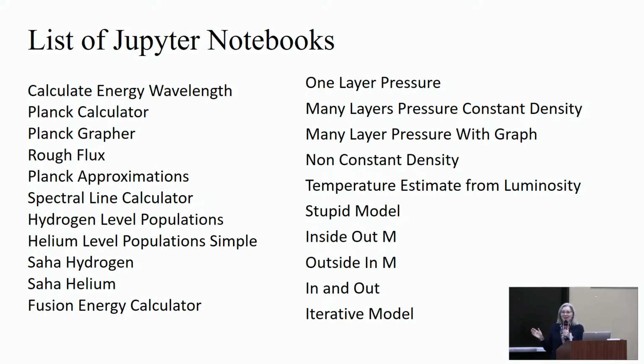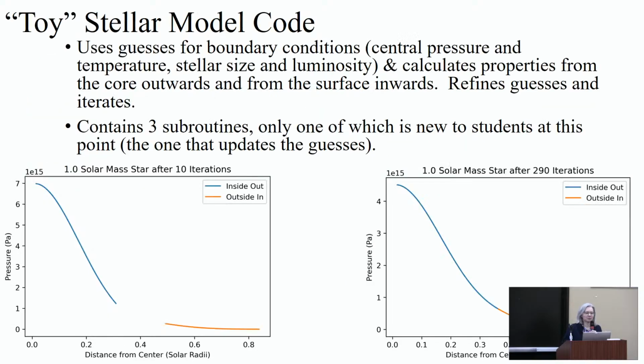Starting with the model I named the stupid model because it is quite stupid. It does a lot of horrible things, but it's also very easy to understand. And then the complexity goes up into these more elaborate models. So the final model there is an iterative model, so you actually get something out that isn't completely ridiculous.